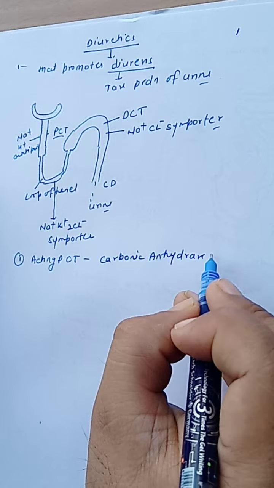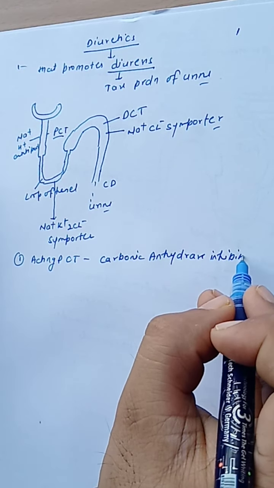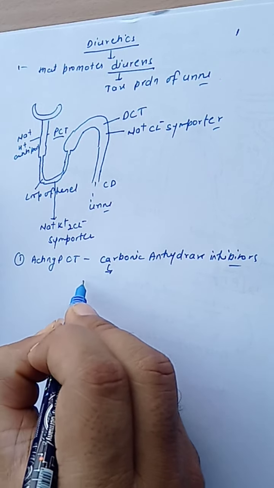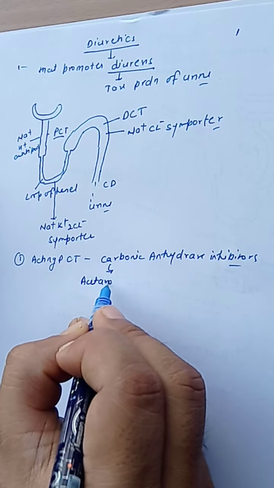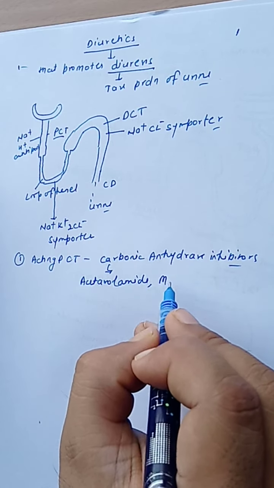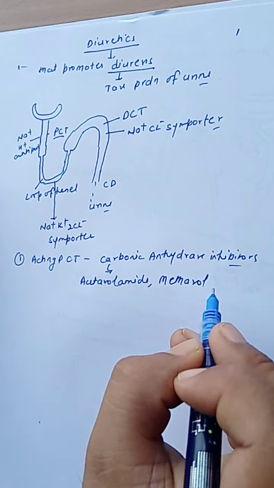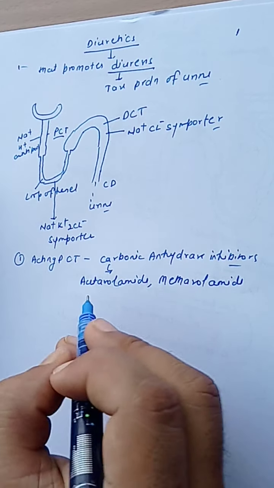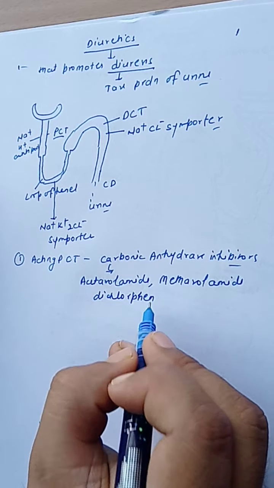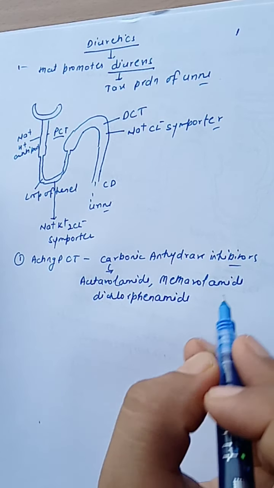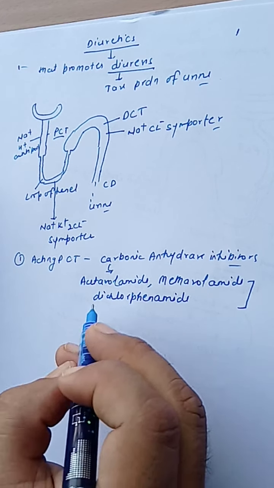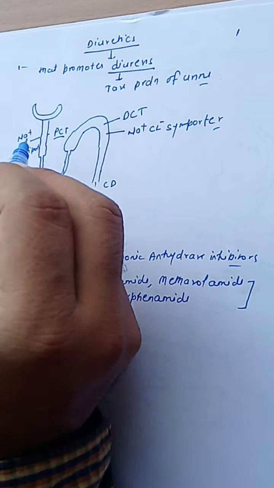These carbonic anhydrase inhibitor drugs are acetazolamide, methazolamide, and dichlorphenamide.